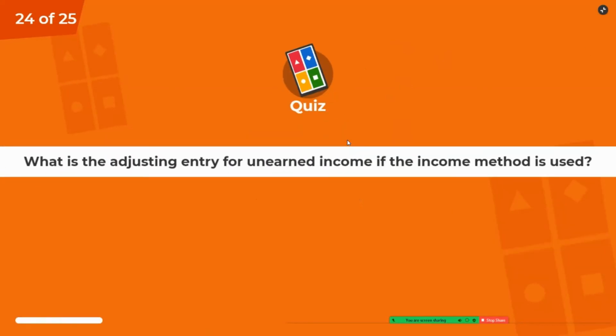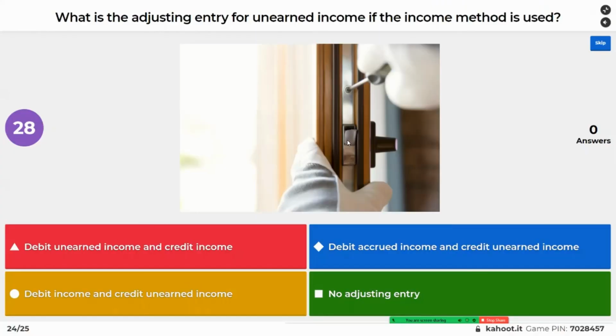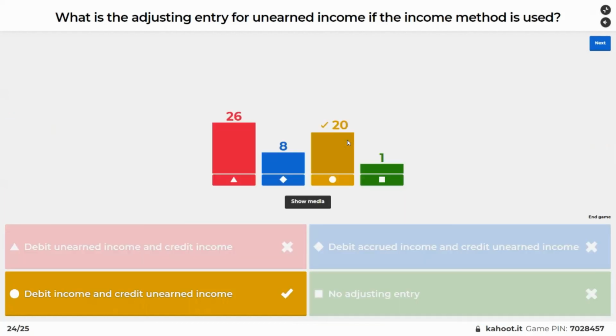Let's have question number 24. What is the adjusting entry for unearned income if the income method is used? Okay, so it's debit income and credit unearned income, no?